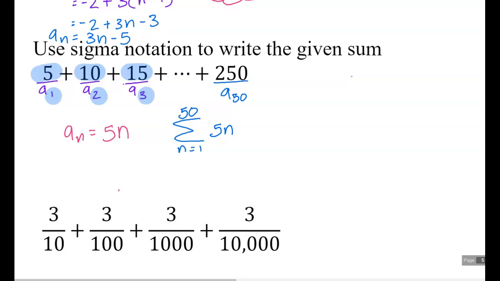So then, this is where a calculator comes in handy, because it would be really annoying to find all 50 terms, right?